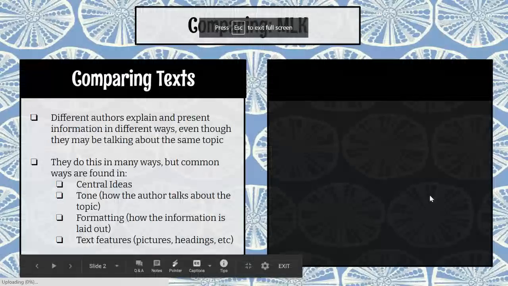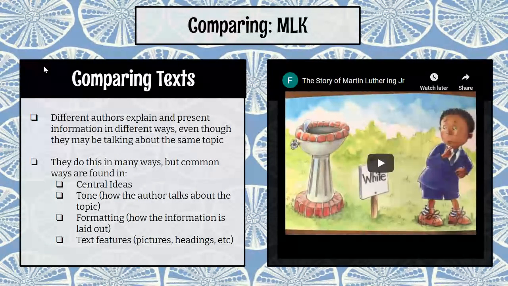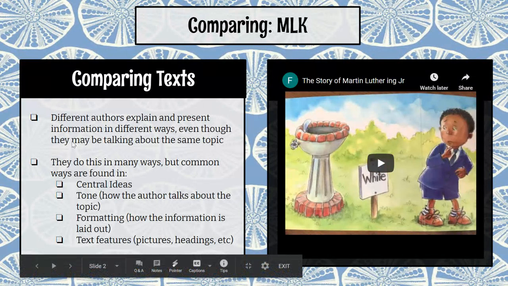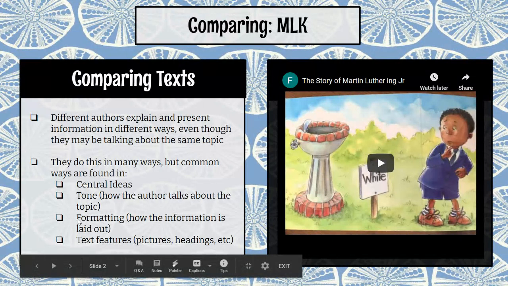What we're doing is we're looking at ways that authors talk about the same topic, but use different tactics to present the same information. So we are going to look at the different ways that authors do this. Some common ways to differ in the way that we talk about certain information is, first of all, central idea.